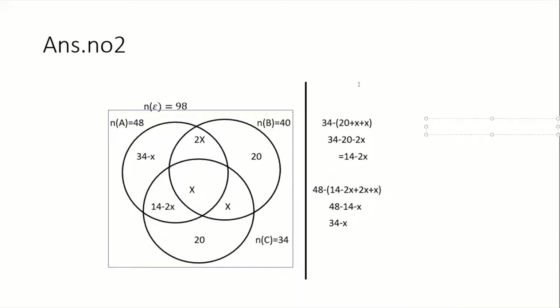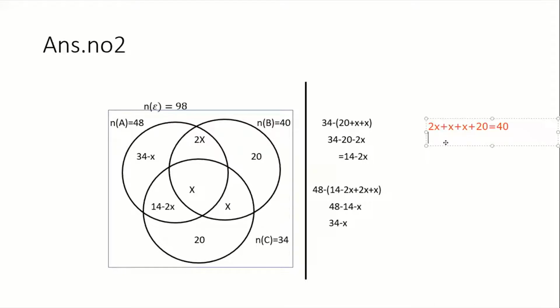Okay, remember we have the whole set for B is equal to 40. So meaning if we use that 40 for this set, it will give us 40. So that is to say we shall have our 2x plus x plus x plus 20, which will be equal to 40.